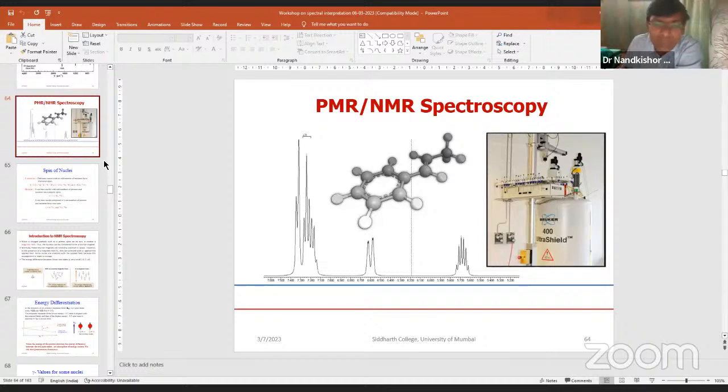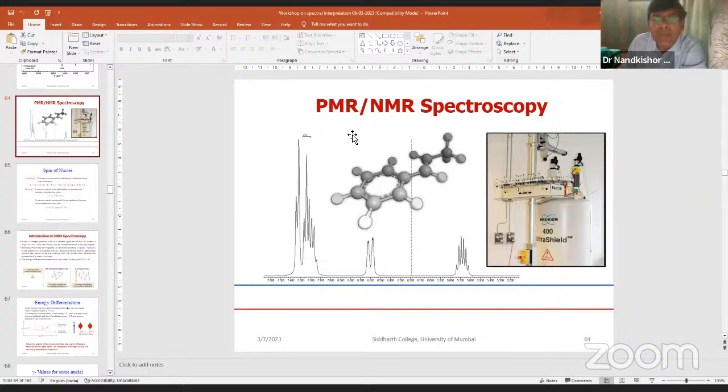Combined, we call this technique nuclear magnetic resonance spectroscopy. This is a spectroscopy technique, which means we use light as a source for getting information from the molecules. That is the interaction of light with matter. In the electromagnetic spectrum, the least energetic source, radio wave frequency, is used in NMR spectroscopy.